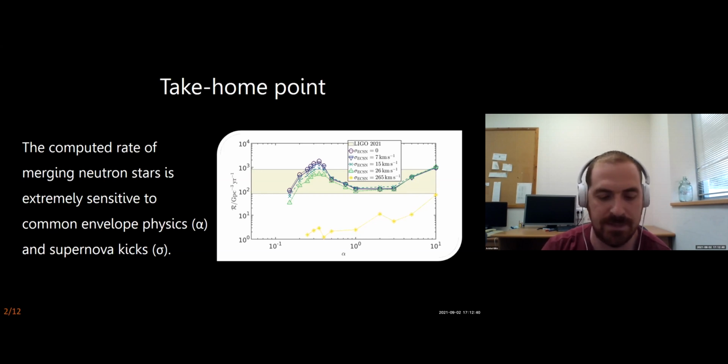So we have a computed rate which varies by orders of magnitude, depending on our assumptions on what happens during common envelope and during the supernova. In the title, we say that we have this optimal efficiency, which is just saying that there is a maximal point as a function of alpha. So it's not that the process optimizes to give us a large rate of merging neutron stars, but it's a result of different processes, which I will explain in more detail later.